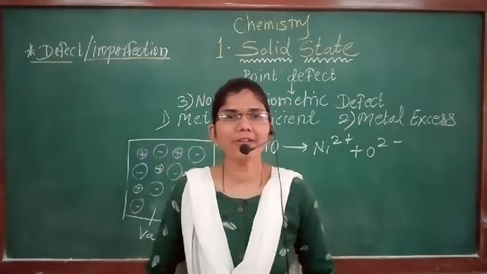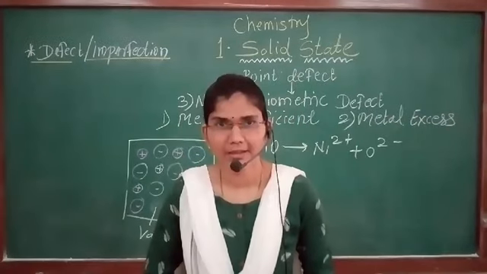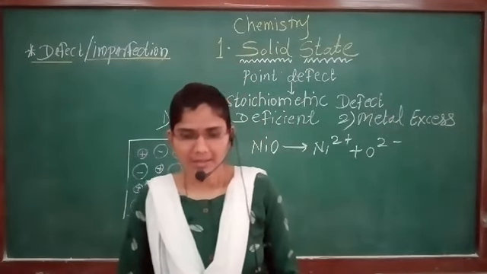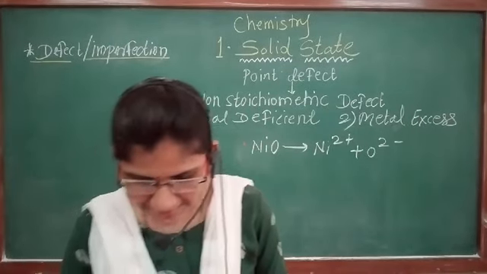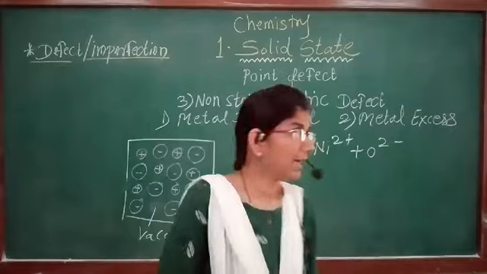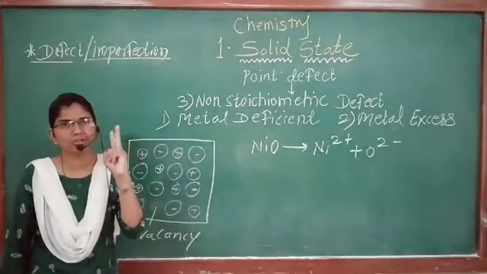The ratio of cation to anion gets changed in the non-stoichiometric defect. But still there is no change in the crystal structure, and therefore non-stoichiometric defects are classified into two main types.